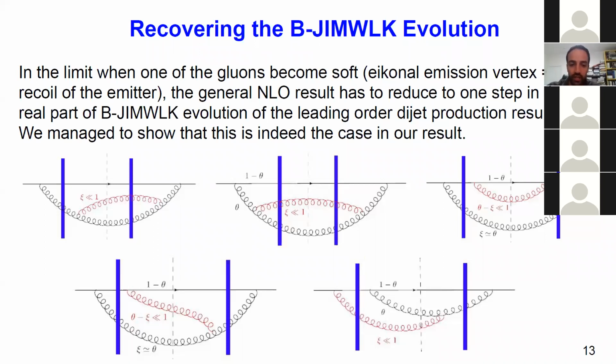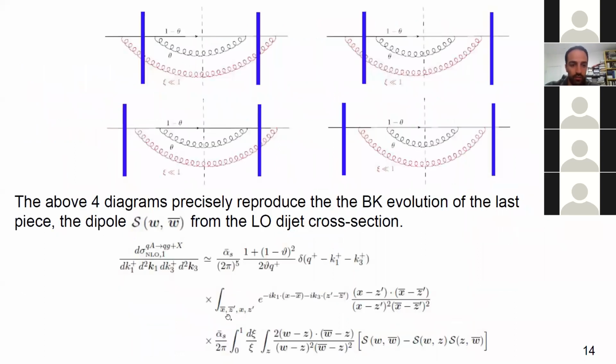There are many simplifications. For example, when we take the eikonal limit in the kernel, we get a much simplified version of it. As you can see in this slide, you can see the result that we found by taking the eikonal limit. This is the result at the bottom of this slide.